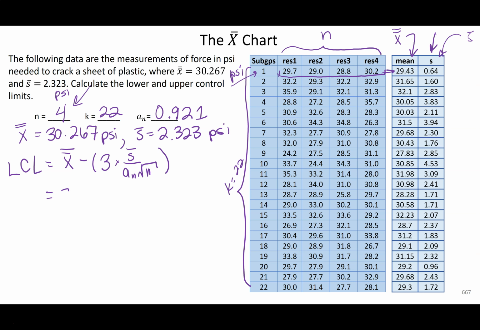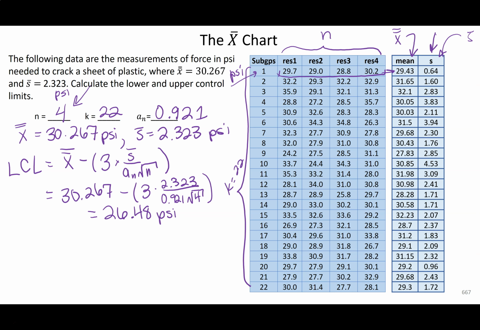So that's just going to be 30.267 minus 3 times 2.323 over 0.921 times the square root of 4. Do some math here. I get 26.48 psi. So that'll be my lower control limit.